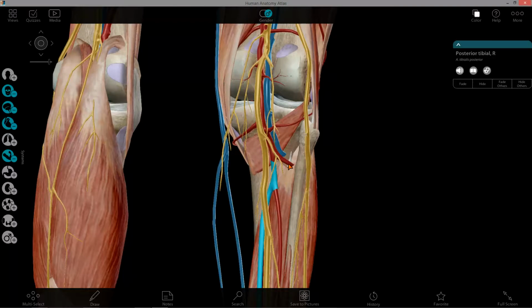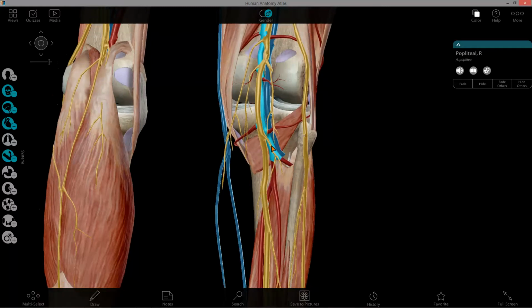So the popliteal divides into two tibial arteries, anterior and posterior, at the inferior border of the popliteus muscle just deep to the soleus. So I've taken away the soleus, but here's the popliteus muscle. If you find that in the cadaveric dissection, look on its inferior border and you'll probably find that anterior-posterior division of the popliteal artery.